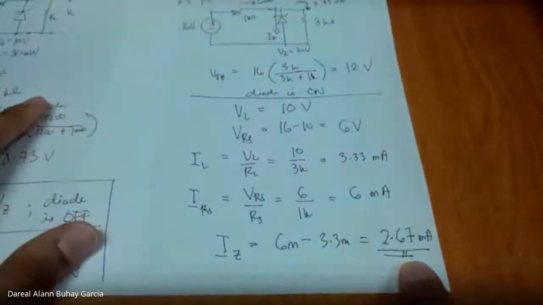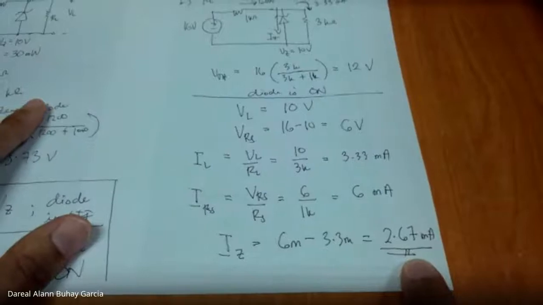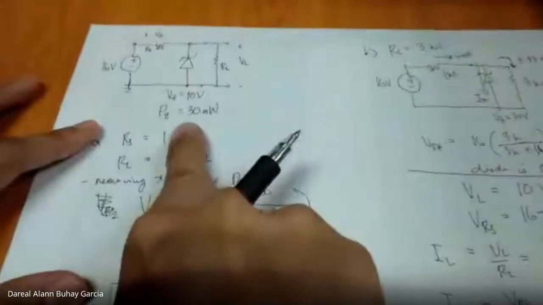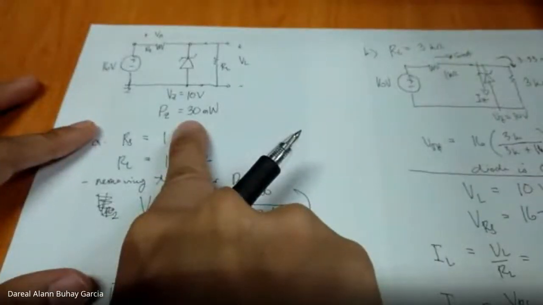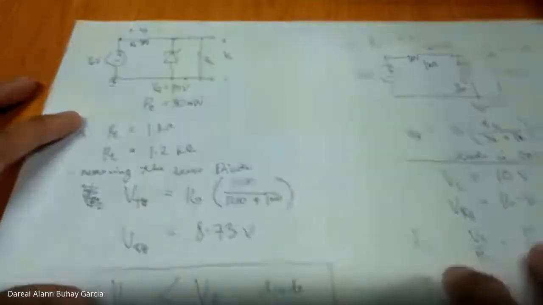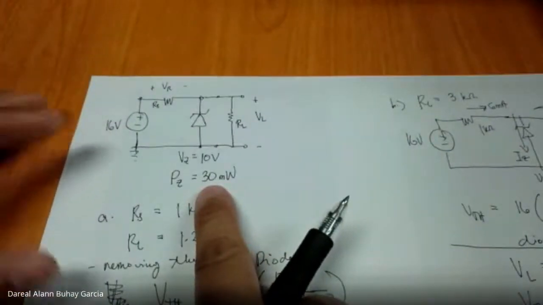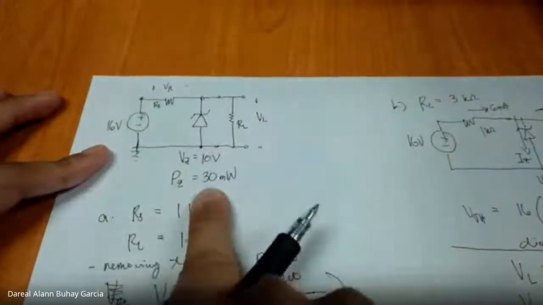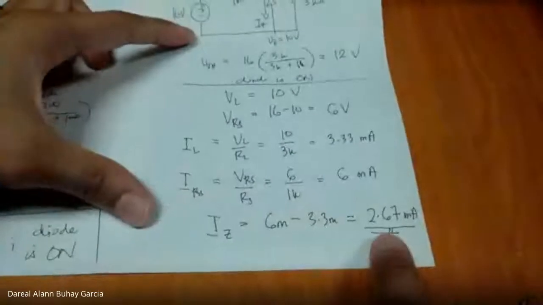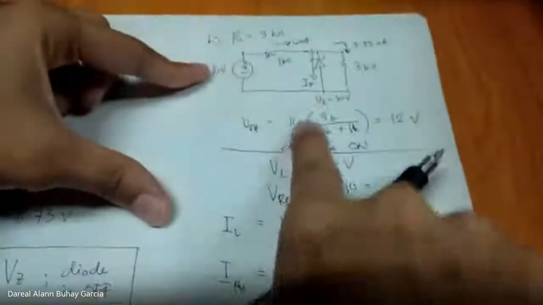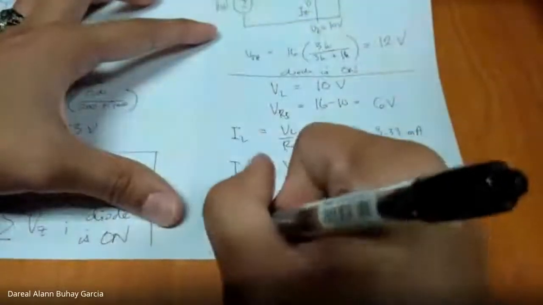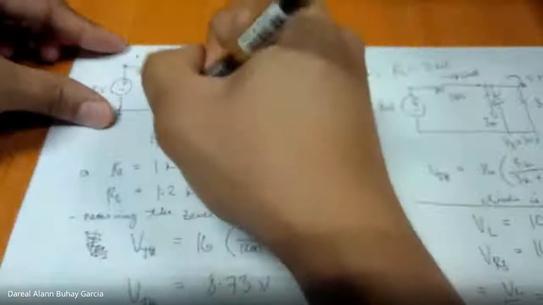Let's see if naabot ba ang maximum PZ. 30 milliwatts. Okay, mao na ba yung maximum power dissipated sa atong Zener diode before siya mo guba, no? So let's multiply IZ with VZ. So the actual PZ, maximum naman nila siya, PZM.